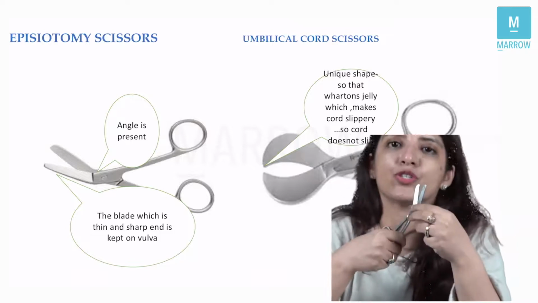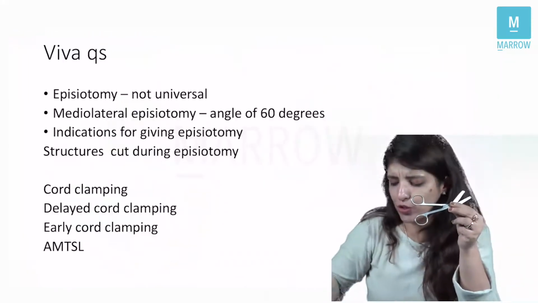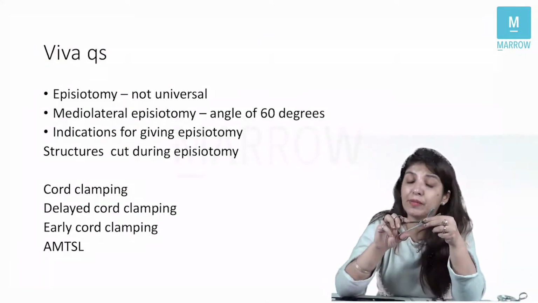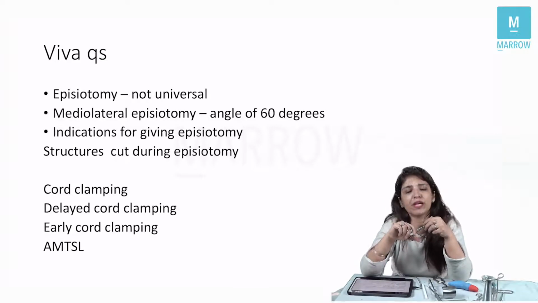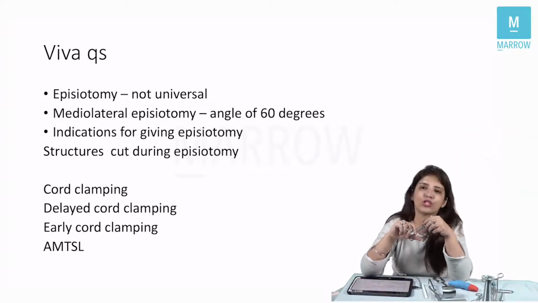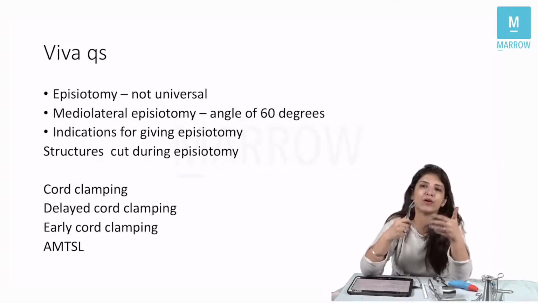Now, when they give you this episiotomy scissors in the hand, a number of questions can be asked. For example, the examiner can ask you that, do you give episiotomy in all patients? You are going to say no, not in all females who are having vaginal delivery we give episiotomy. Episiotomy should be given only when it is needed.